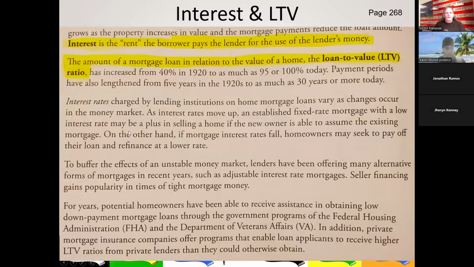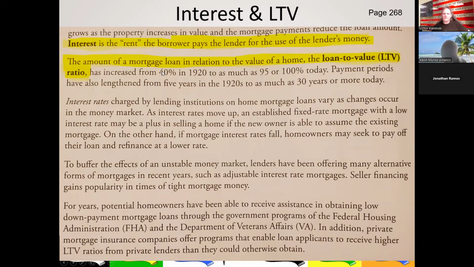Okay, so interest on page 268 is the rent the borrower pays the lender for the use of the lender's money. And the amount of mortgage loan in relation to the value of the home is called the LTV, the loan to value ratio.